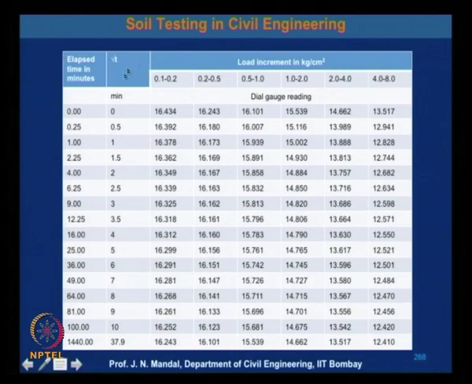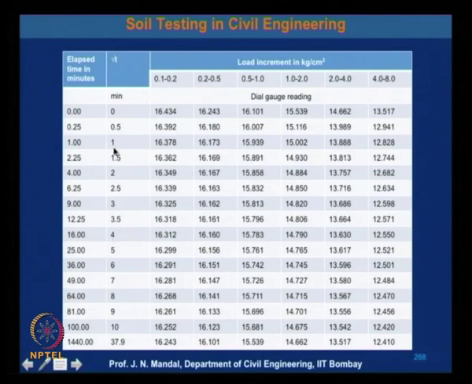And this is the root of t, time in minutes. For root t, this value is also given, that is 0, 0.5, 1, 1.5, like that you continue up to 1440, that is about 17.9, and this is the root of t value.